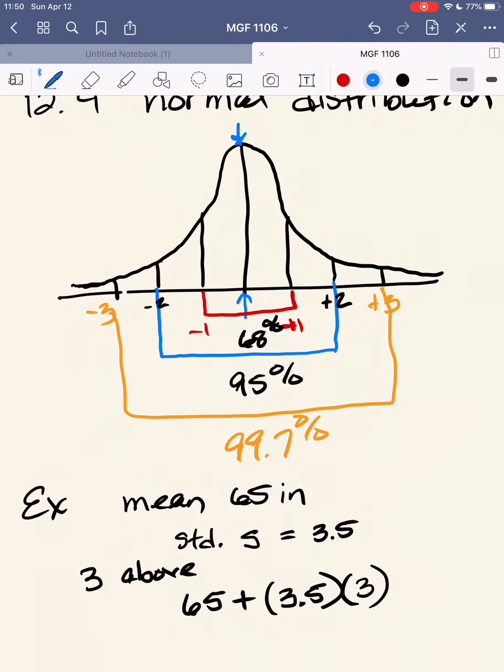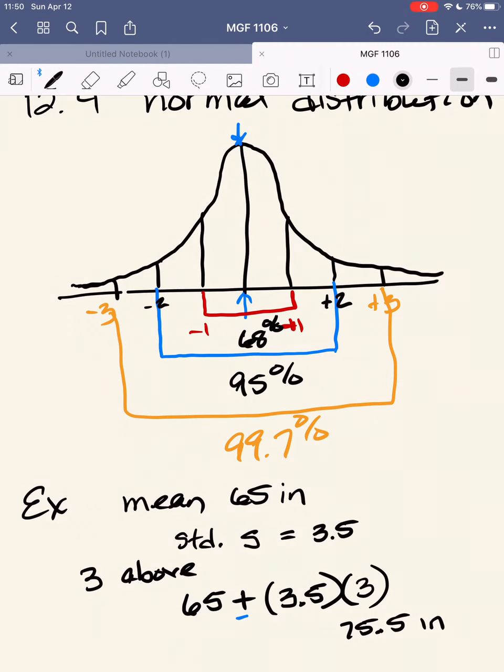So my mean is 65, and 3 above would be my standard deviation of 3.5 multiplied by the number of standard deviations I'm going, because I'm going above, I'm using plus. When I do the math for this, I end up with 75.5. I need inches, because they gave me that my mean was in inches. 3 standard deviations above would be 75.5 inches. Make sure that you're putting your units in.